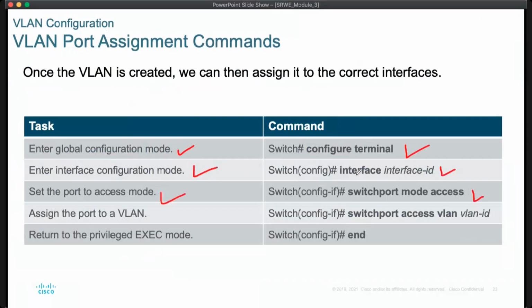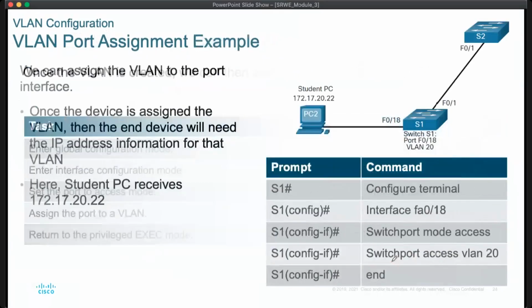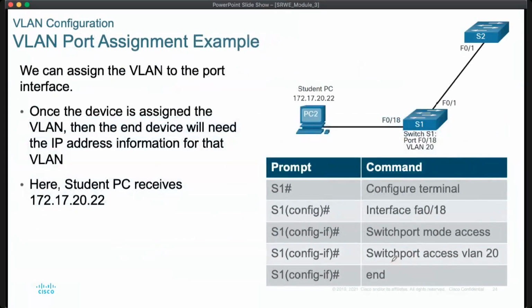Then assign the port to a VLAN with the command switch access vlan. Here they use the word port; elsewhere we use interface. Then return to exec mode, so it closes the configuration. So we can assign the VLAN to the port interface.